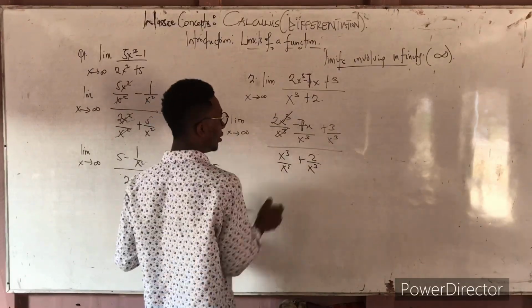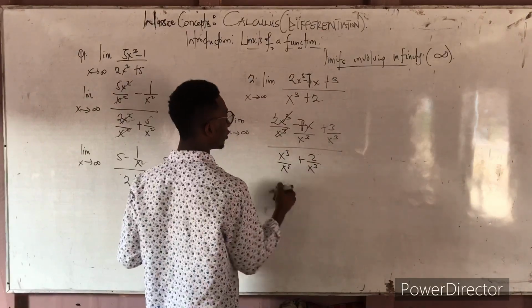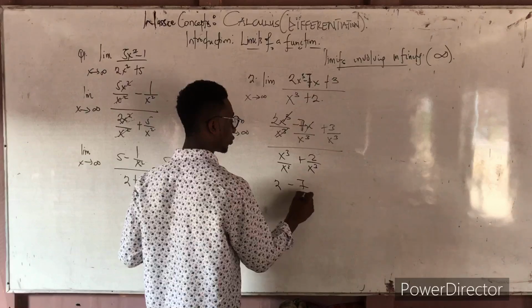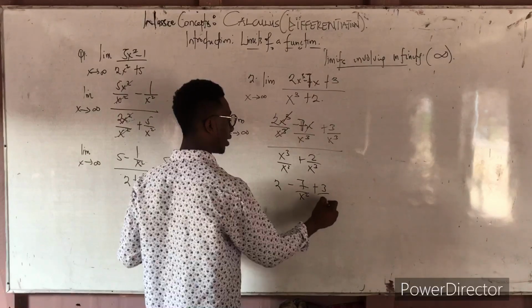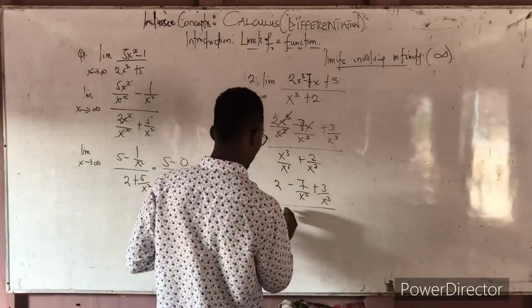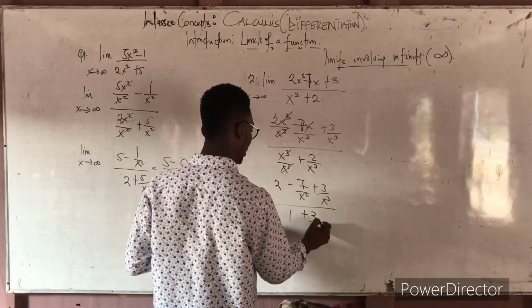Now we get 2 minus 7 divided by x squared plus 3 on x cubed, all divided by 1 plus 2 on x cubed.